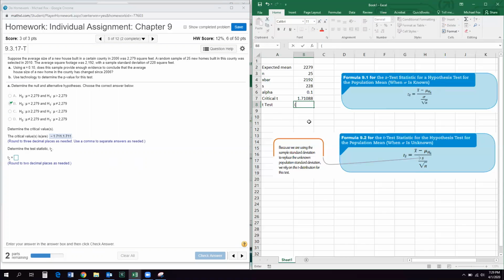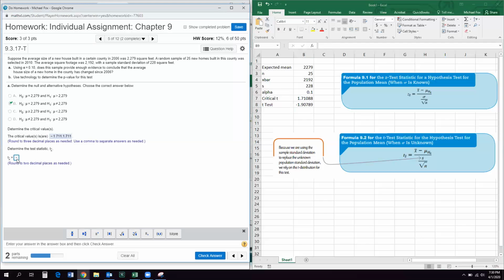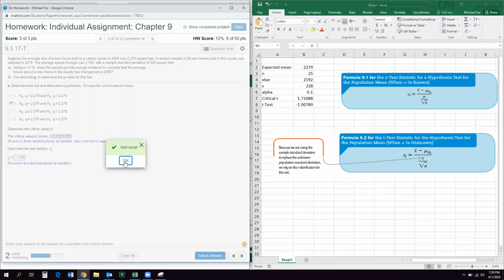So this is x bar minus the expected mean divided by s, which is our sample standard deviation, over the square root of n. So there's our t-test statistic. It wants it to 2 decimal places, so it's negative 1.91. There we go.